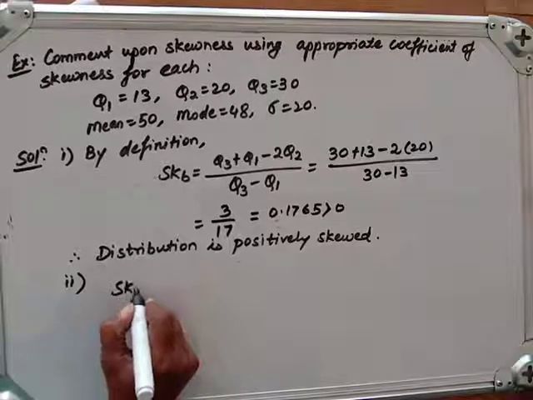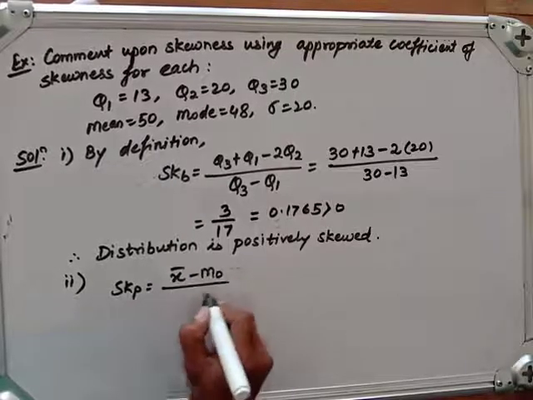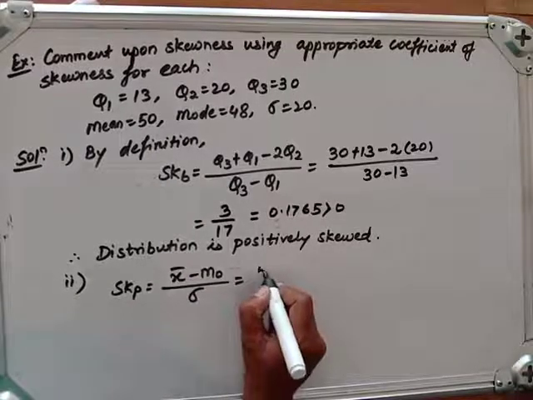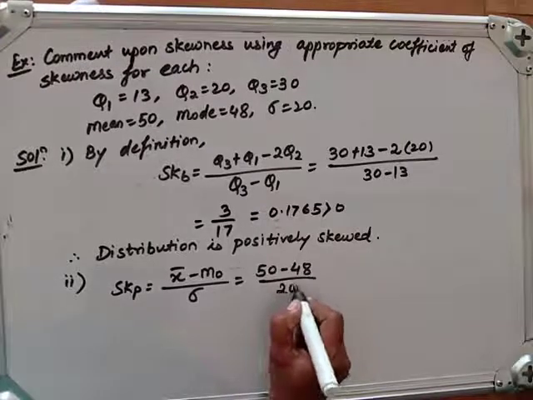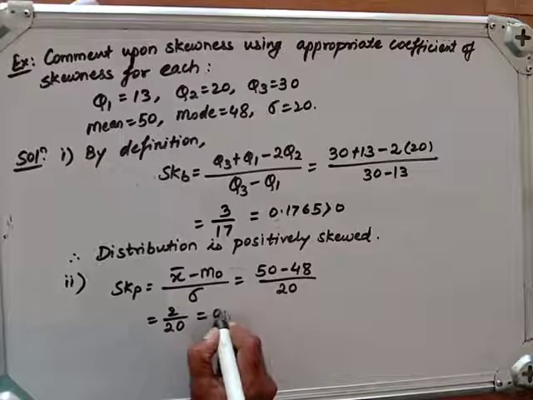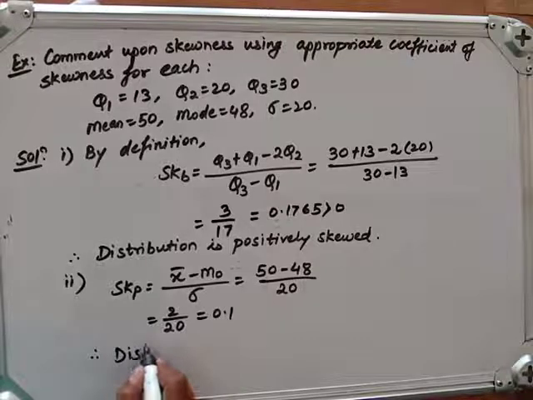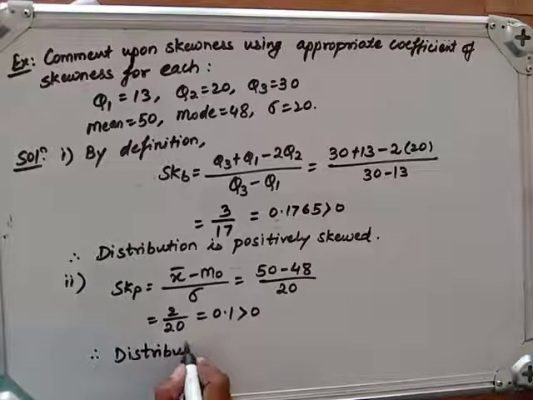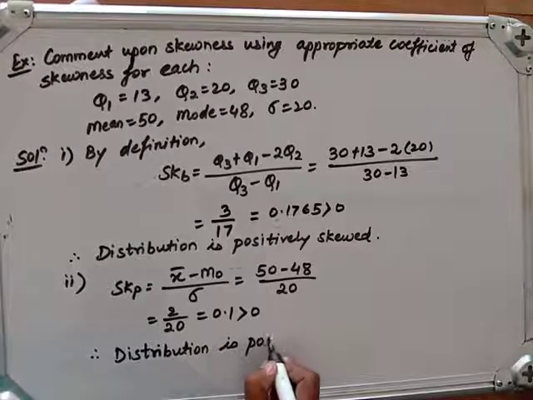Now SKP is mean minus mode upon standard deviation. So it is 50 minus 48 upon 20. So it is 2 by 20, 1 by 10, so it is 0.1. Therefore again here also it is positive, so the distribution is positively skewed.